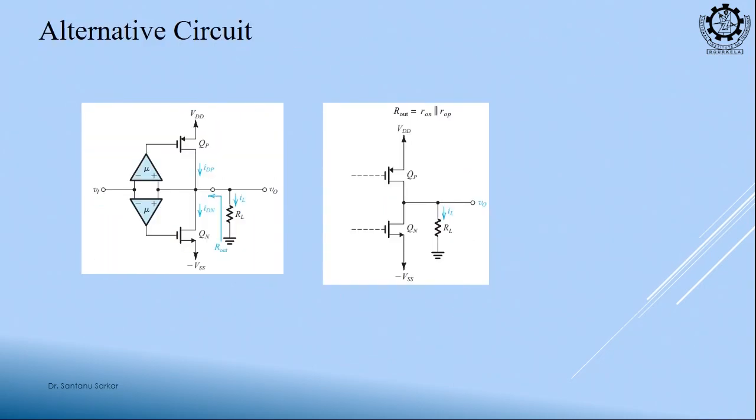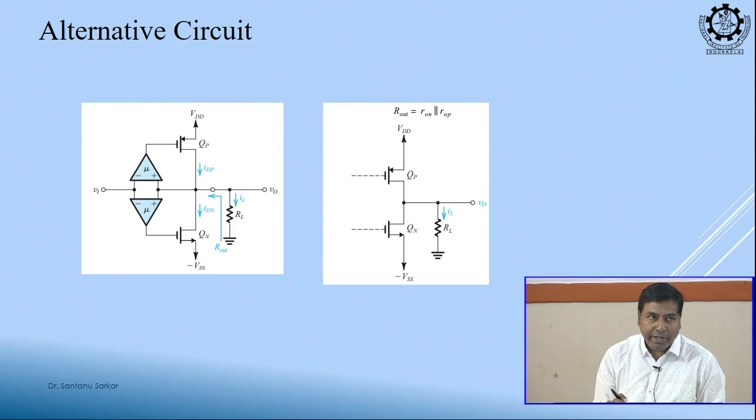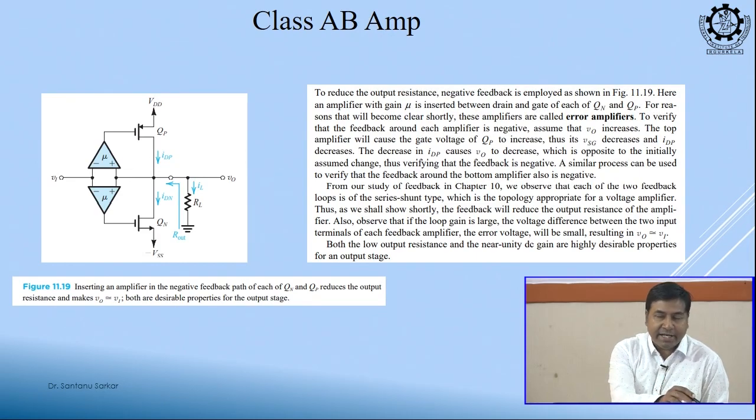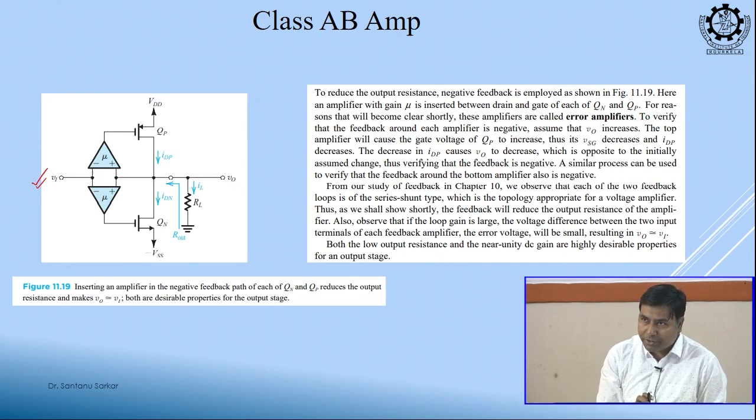Now, an alternative circuit is that we can use some error amplifier or negative feedback to connect this circuit. Now, how to prove that this feedback is a negative feedback? You see this input Vi is given to the negative input and the output is connected to the positive terminal, and this output is connected to the gate of the MOSFET.